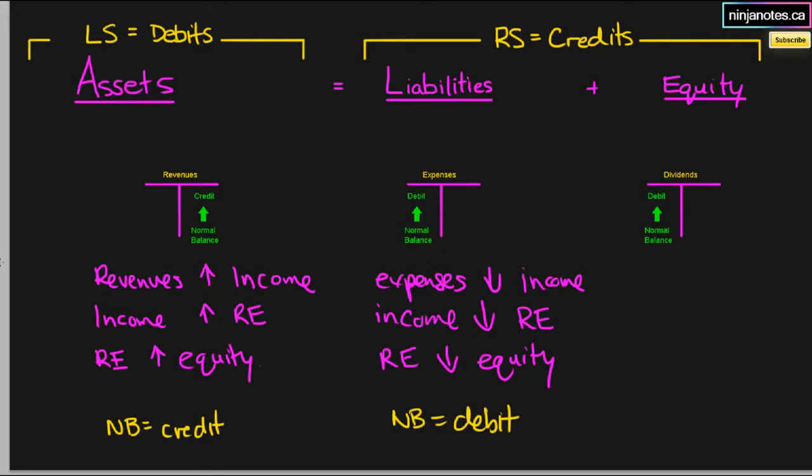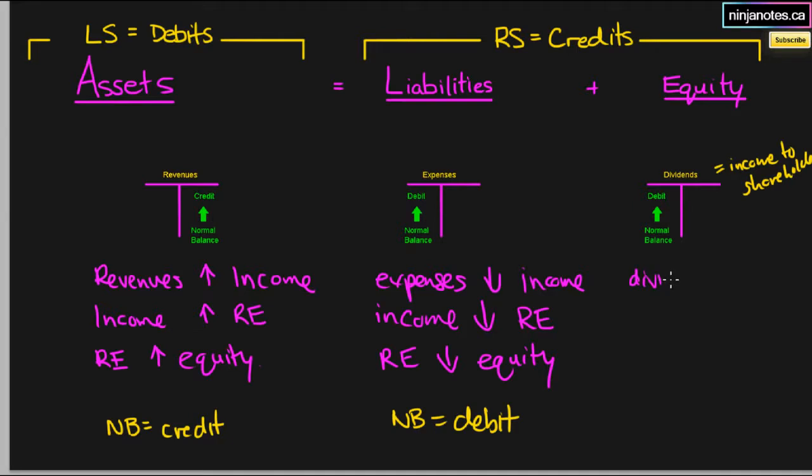So let me actually write that down. Dividends are income to shareholders. And they are actually not an expense. They are actually an after-tax disbursement from a net income. So it actually has no effect on income, but it will have an effect on retained earnings.